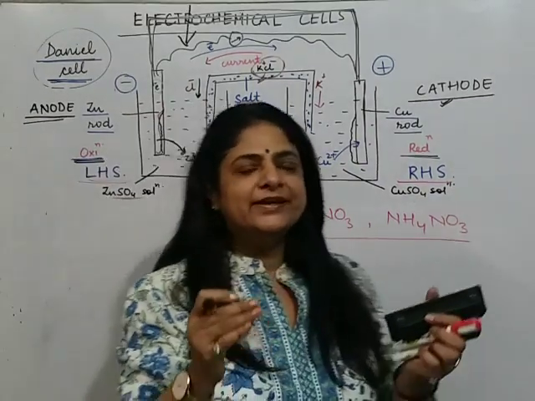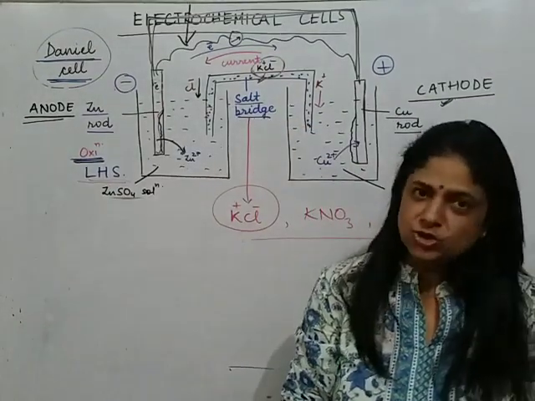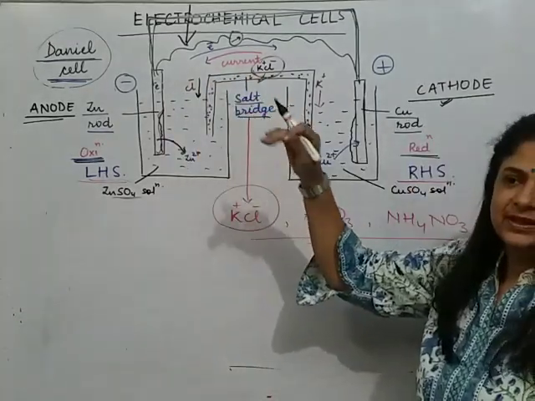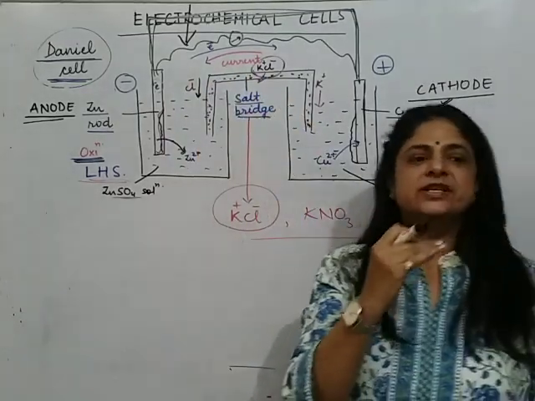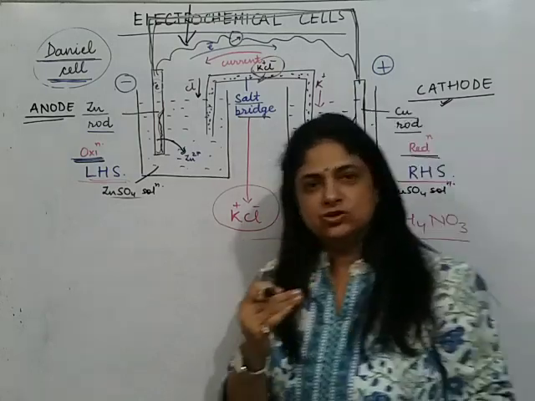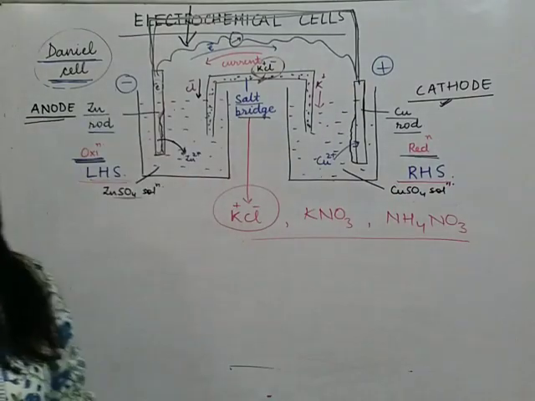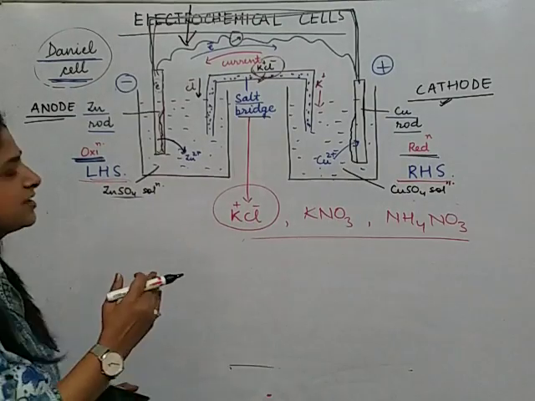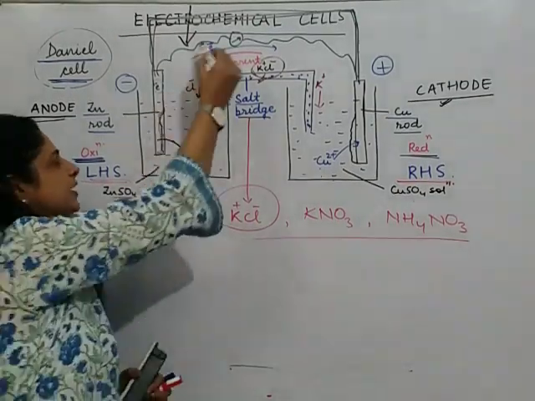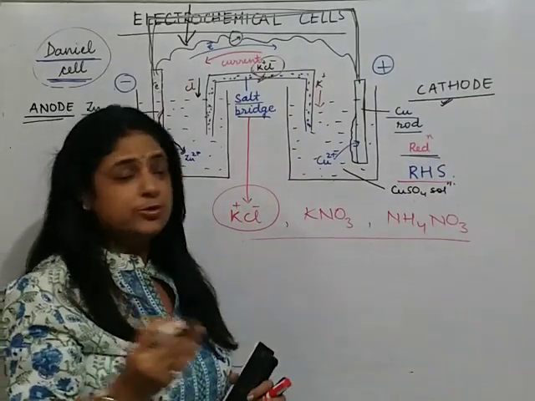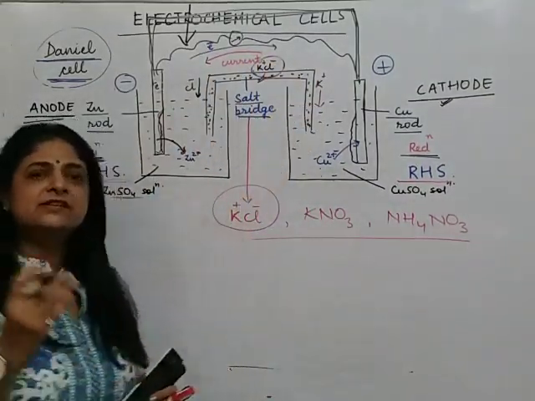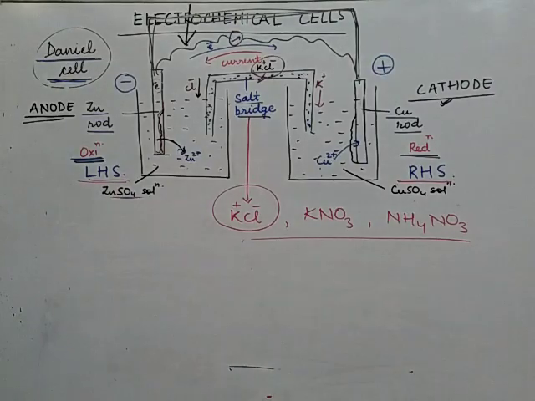Whenever you apply some opposing potential to the cell and keep on increasing this opposing potential gradually, how will it affect this particular cell? It will slow down the movement of electrons, since it is opposing in nature, and hence the current flow will also get decreased.